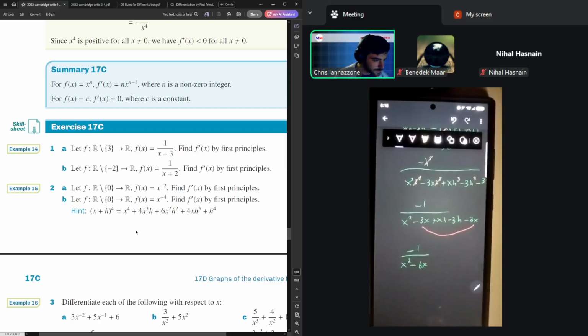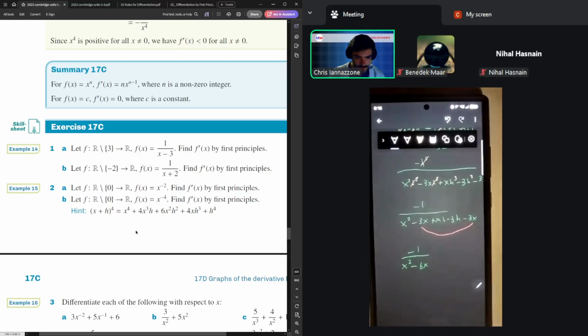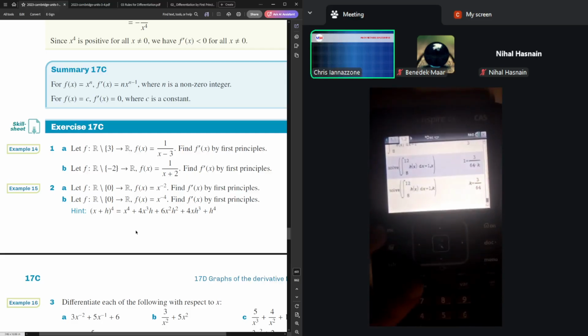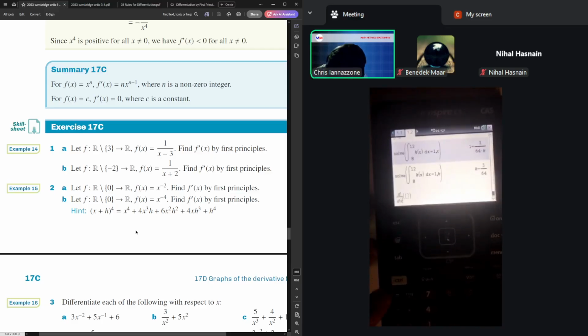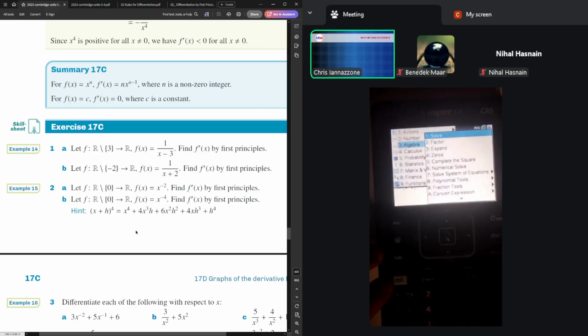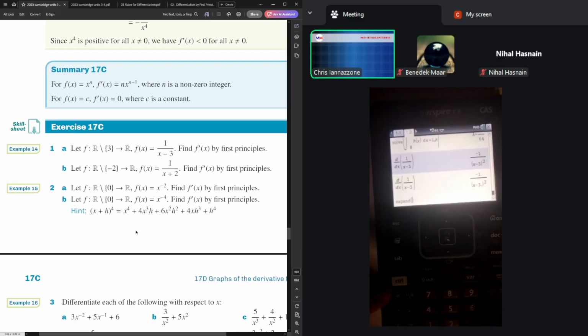Seems about right, because you're going to have a square on x minus 3. Let's see. Diff of 1 on x minus 3, and if that gets expanded out, x minus 3 all squared.